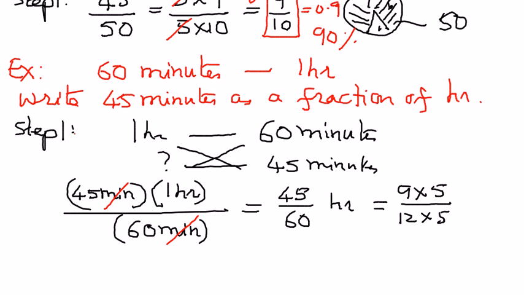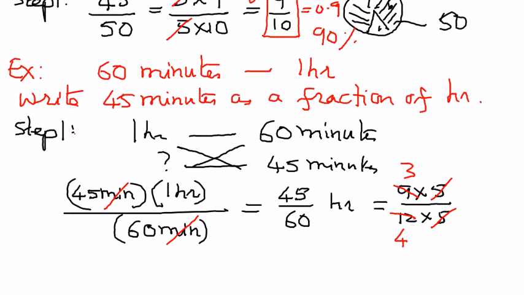As we mentioned, if we have numbers in the numerator and denominator which are multiples of one another, we can cancel them out. Now 9 and 12 have a common factor of 3. 3 times 3 is 9. 3 times 4 is 12.